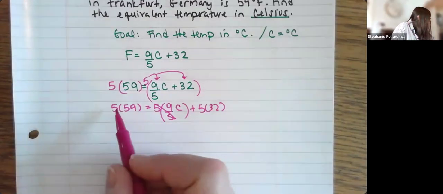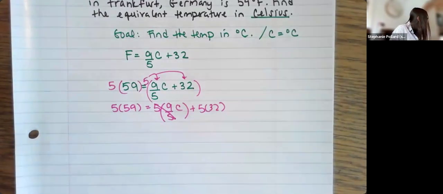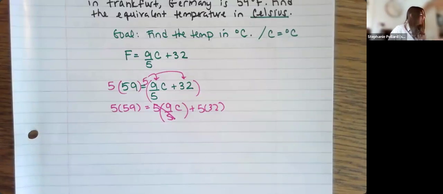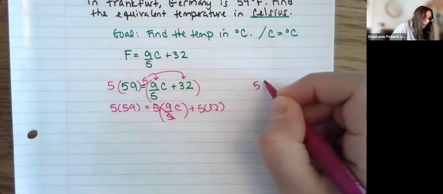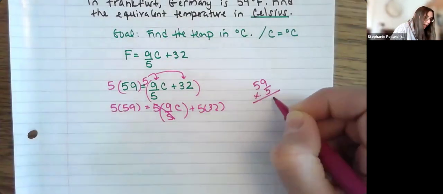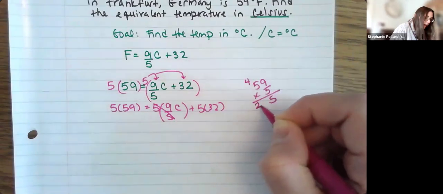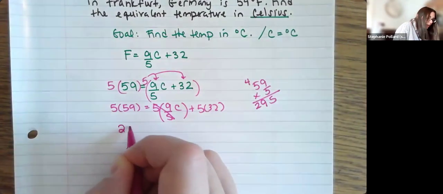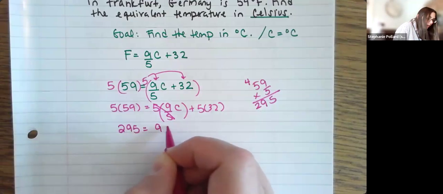And then now I have, let's see. Well, let's just write it out. I came to the table without my calculator, so that's all right. We'll just do some quick math here.